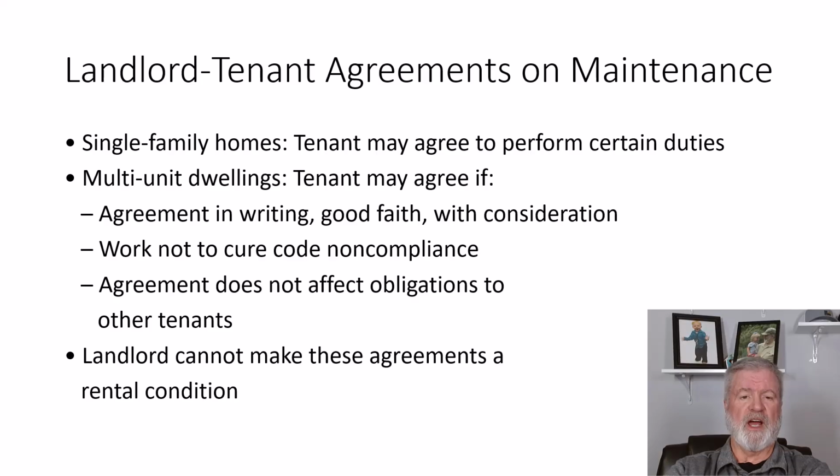When you get into trying to repair code violations or code issues, that's typically going to require a licensed contractor. And a lot of times tenants may not be licensed contractors. So, you can do little things, like plumbing, if they do actually understand and know something about plumbing, and they can repair that, then so be it. But when you get into some of the bigger things like code noncompliance, you can't do that.